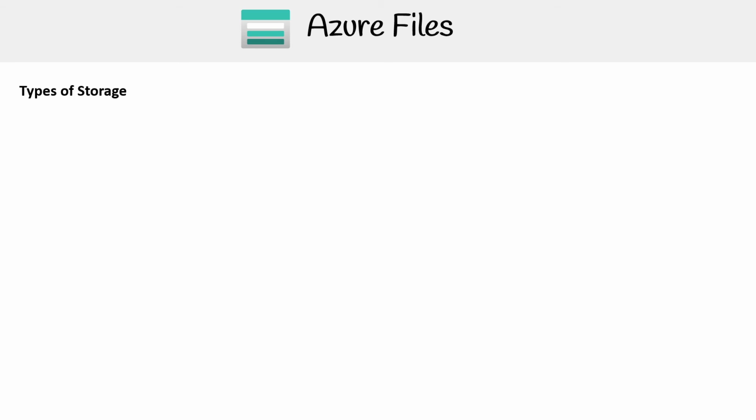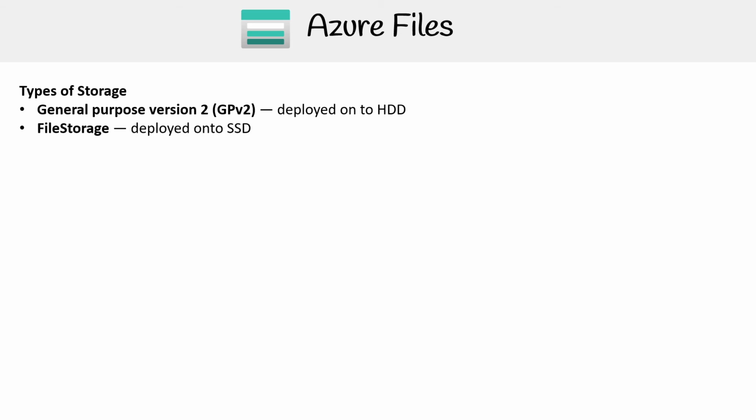So we have different types of storage here that you can use with Azure Files. We saw this earlier in our comparison, but we'll go over it again. We have general purpose version 2, and these are deployed on HDD. Then you have file storage, and this is deployed on SSD. Then we have identity. Identity is how you're going to authorize or access Azure Files.